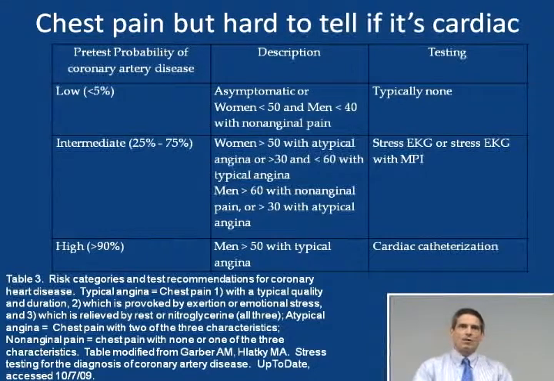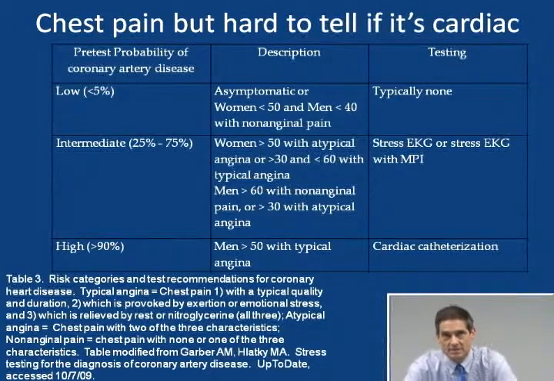And then what do you do? Well, low-risk patients with a pretest probability of less than 5%, young patients with atypical pain, are unlikely to benefit from any test, and usually your test is going to be a stress EKG or perfusion imaging study. Why? Because if you have a positive test in those patients, it's much more likely to represent a false positive than true disease.